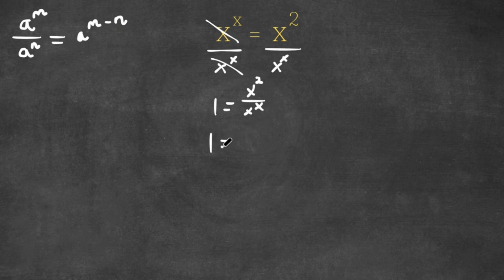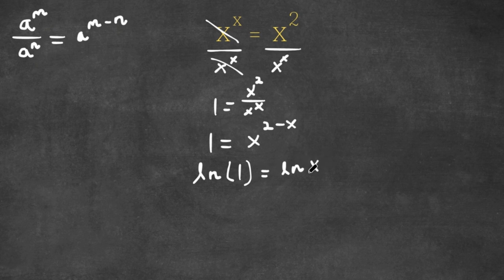We can think of 2 as m and x as n, so this would be x to the power of 2 minus x. Now I'm going to ln both sides. So now I have ln of 1 is equal to ln of x to the power of 2 minus x.